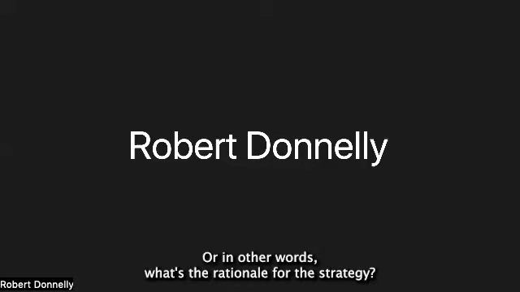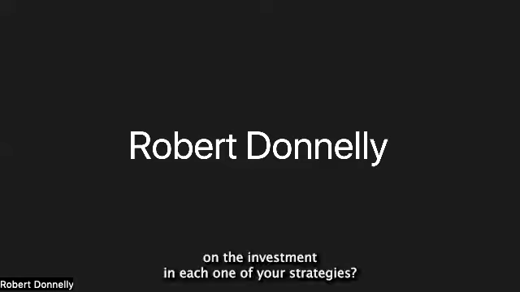Or in other words, what's the rationale for the strategy? Who's going to manage the strategy? How long is it going to take, quarter by quarter? How much is it going to cost, quarter by quarter? And then lastly, what is the return on the investment in each one of your strategies?